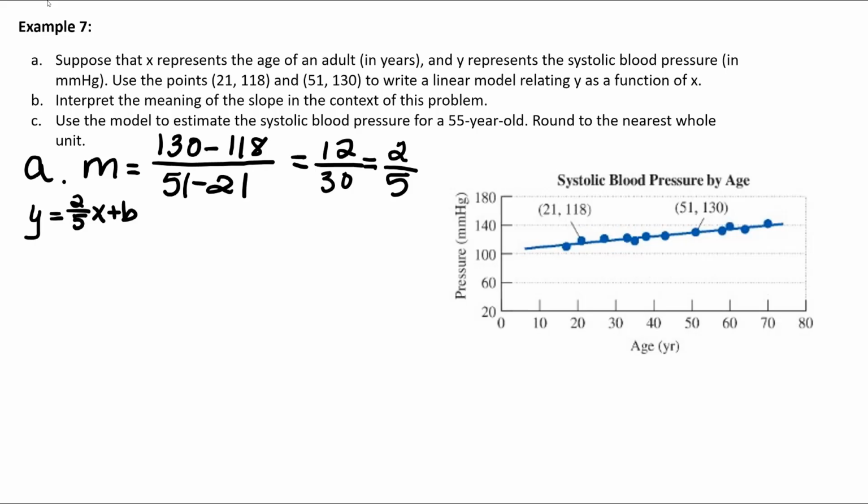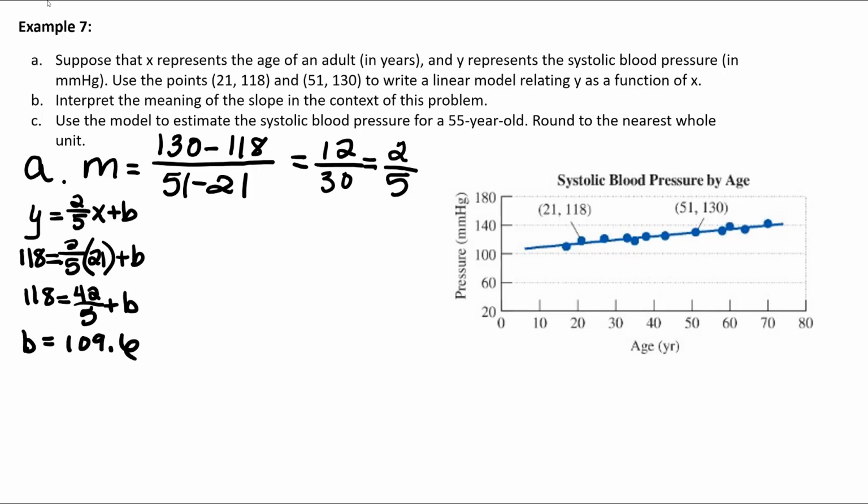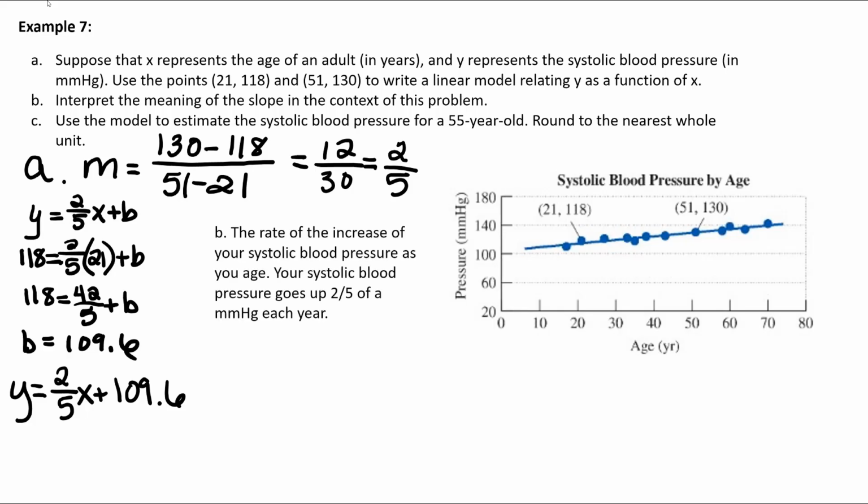We can plug in one of those points for x and y, and that would be 118 equals 2/5 times 21 plus b. And if you get b by itself, you're going to get that b is 109.6. So your linear function is going to be y equals 2/5 x plus 109.6. So that's your function that describes this line.